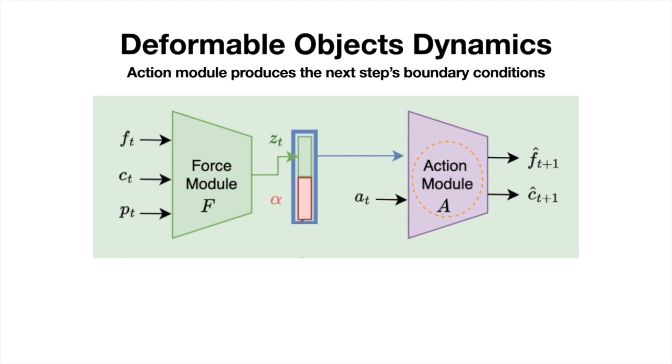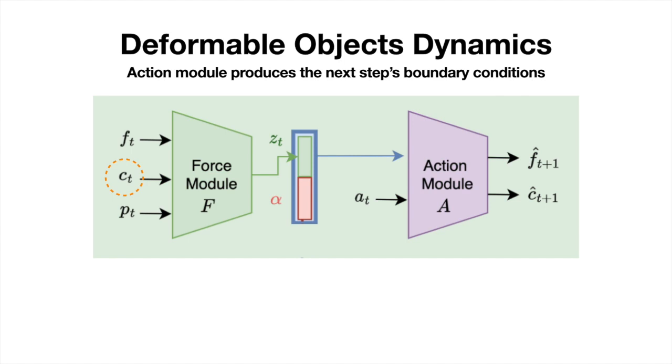One of the main contributions of VIRDO++ is to represent deformable object dynamics using an action model. The action model produces the next step's boundary conditions, where the inputs are the current latent state and the action. An object's latent state is computed from the reaction wrench, contact code, and end effector pose. Previous work uses ground truth contact patches, which required access to this privileged information.